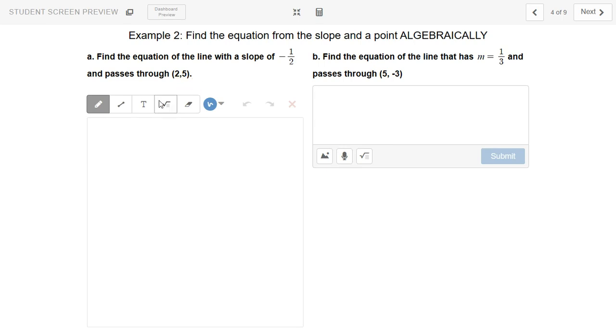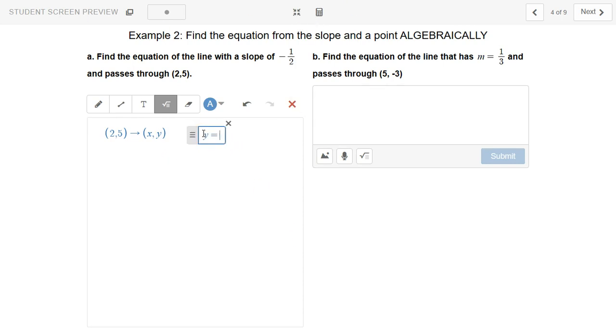So (2, 5) is a point on the graph. Now we said that if they are points on the graph, then these are written as x and y, and these are the possible x and y's in the equation of our line.